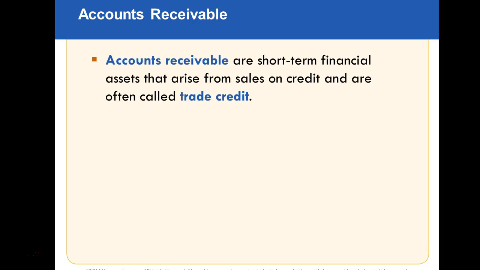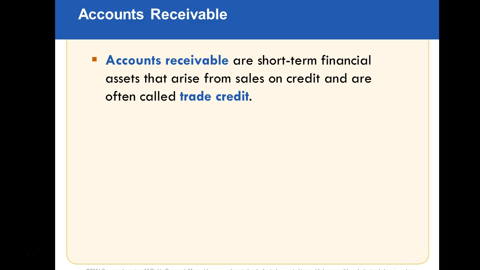Now, accounts receivable are short-term financial assets that arise from sales on credit. Sometimes people call them trade credit. I'm used to calling them accounts receivable, where we sell a product or a service to a client or a customer, and they don't pay us right away when they receive it.